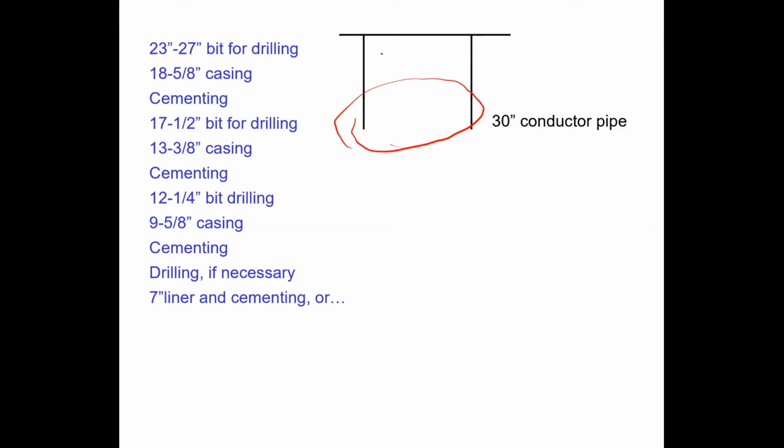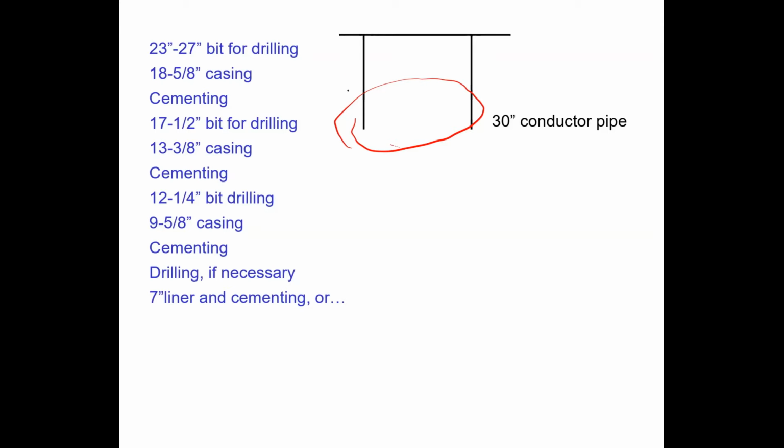So when we reach the desired depth, what is the desired depth? It is a depth that bypasses drinking water, aquifer.